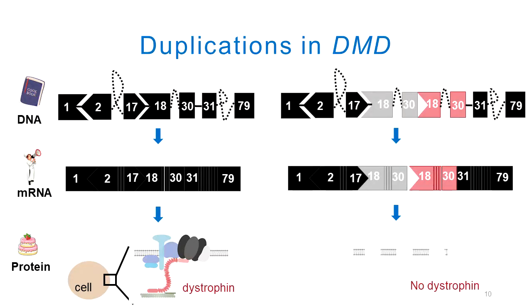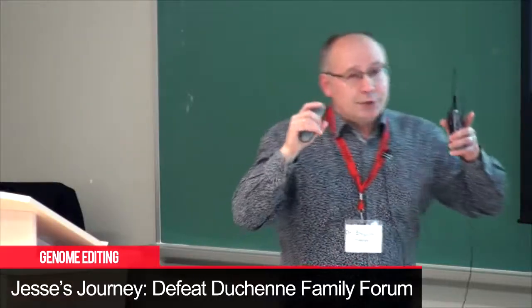And for duplication mutations, that's what we are going to do. Duplication mutations, as I mentioned, are basically when portions of DNA are repeated. And in this case, the portion from exon 17 to 30 is repeated. You can also think about DNA as a jigsaw puzzle, and the puzzle has to fit together in order to function properly.